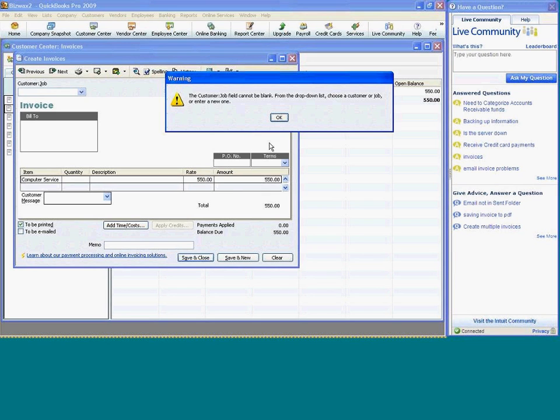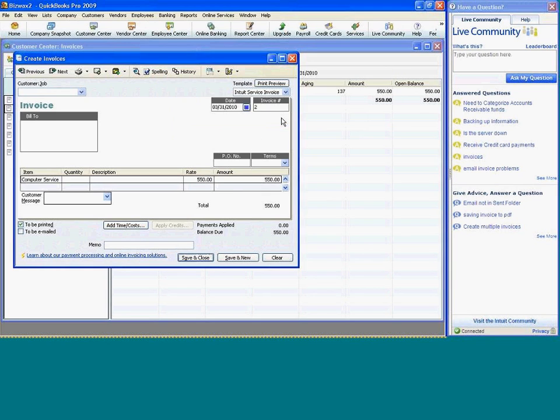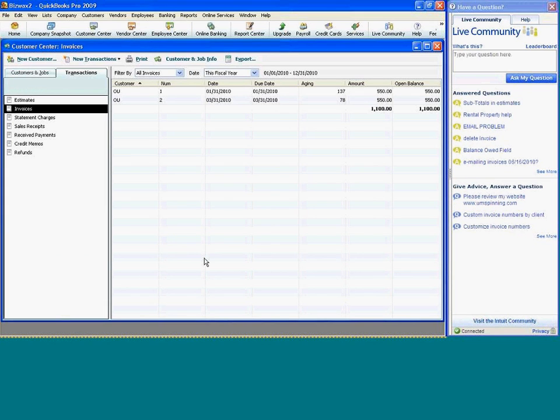And save and close. So now we have the OU. The OU has actually, we have $1,100 over there. And now we'll go to Dr. Smith.